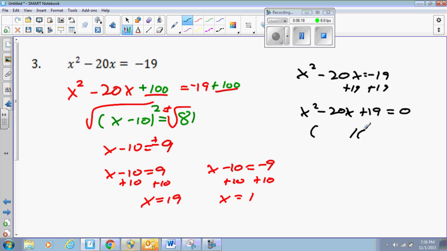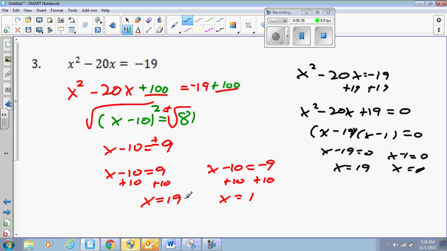I would factor that: x minus 19 and x minus 1 equals 0. X minus 19 equals 0, x equals 19. X minus 1 equals 0, x equals 1. And I get the same answer as I did over here on the left.